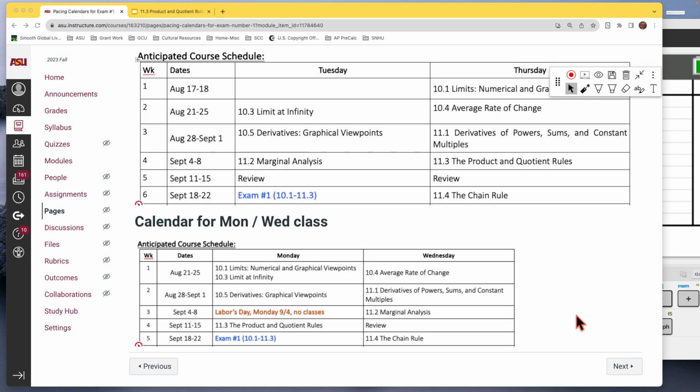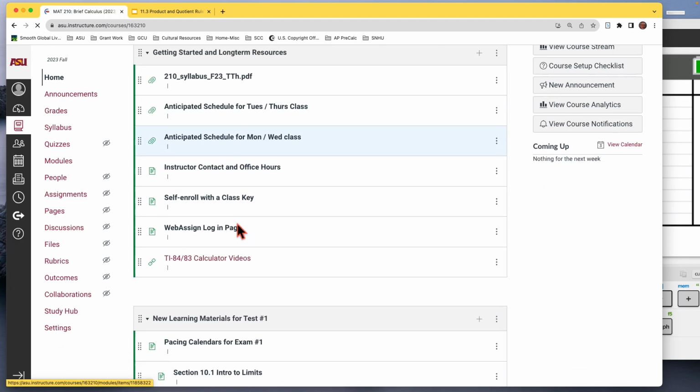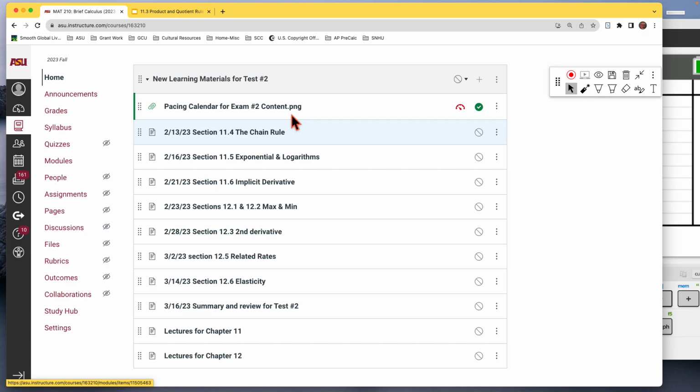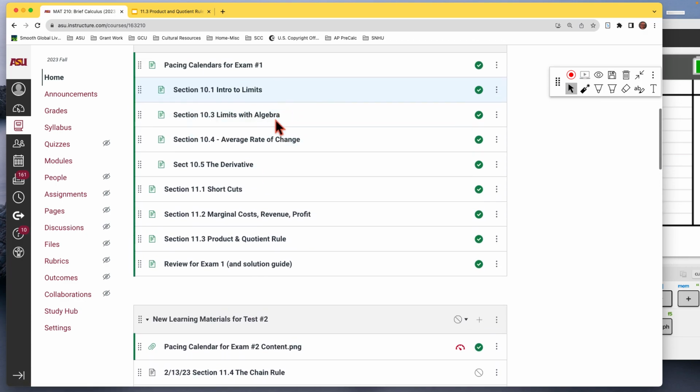So primarily what we'll focus on, let's see, is the learning materials. There's this review down here at the bottom. Just underneath 11.3, which we're doing, there's the exam 1 and the solution guide.